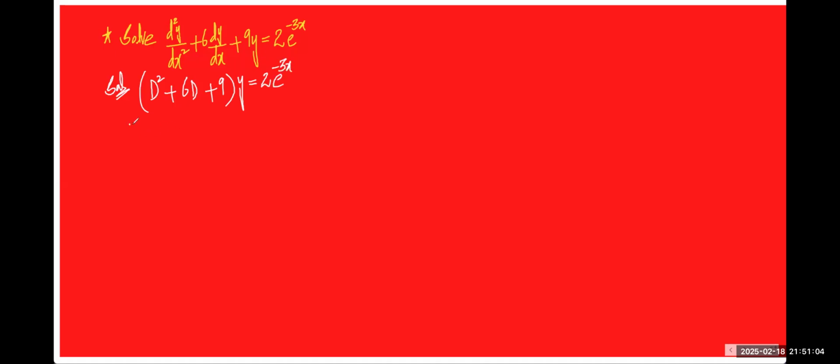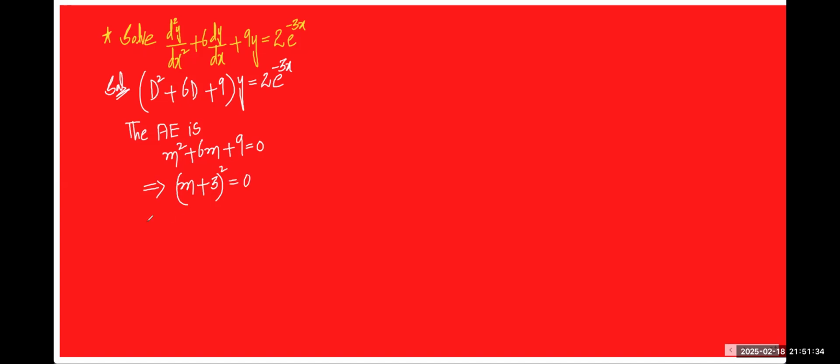Okay, now we write the auxiliary. The auxiliary equation is m square plus 6m plus 9 is equal to 0. So this, if you see, is nothing but the expansion of m plus 3 whole square equal to 0.